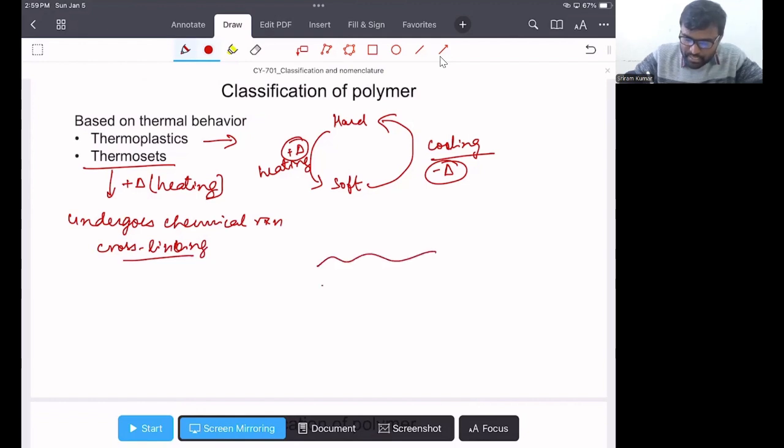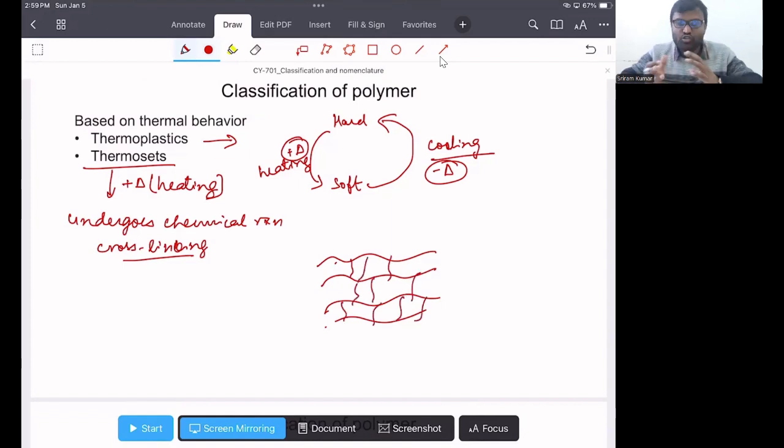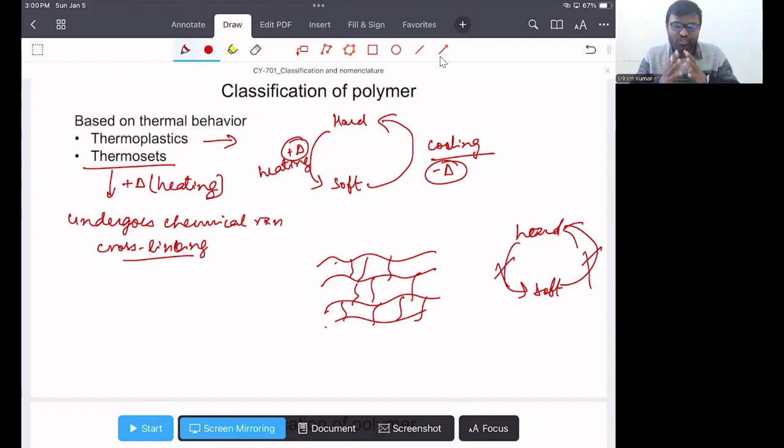Initially you have this kind of material, and if you apply heat, it undergoes cross linking between the polymer chains, and because of this cross linking, the reversible process does not happen. This hard and soft behavior will not happen in thermoset polymers. It is only a one-way transformation if you heat the material.